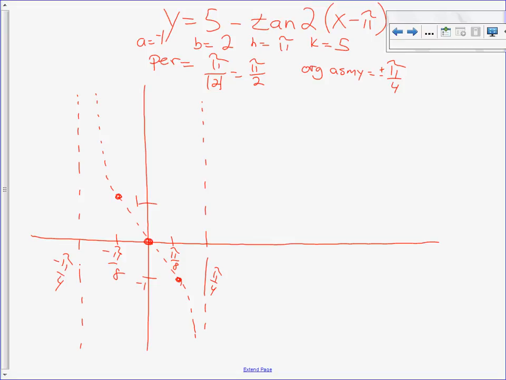So the easiest of those 3 points to start with is going to be the origin shift. Everybody agree? 0 plus pi is pi. 0 plus 5 is 5. Okay? Now, when I add pi to negative pi over 8, in my calculator, if I don't know how to do the fraction stuff, remember what's happening.